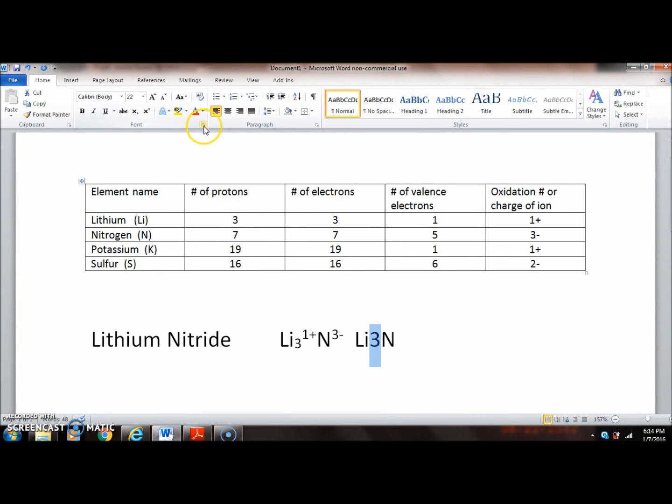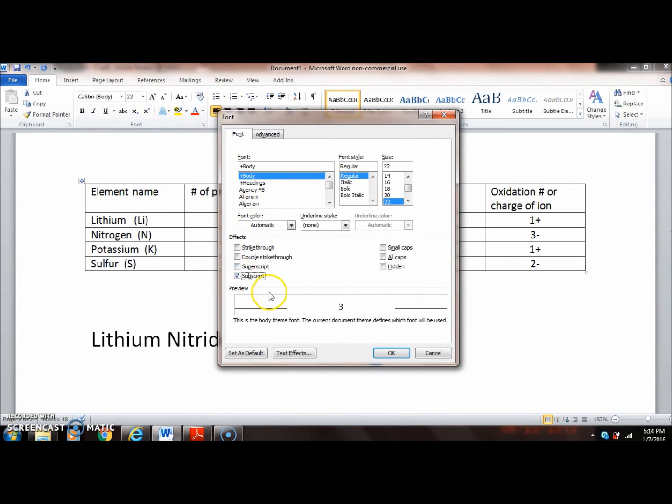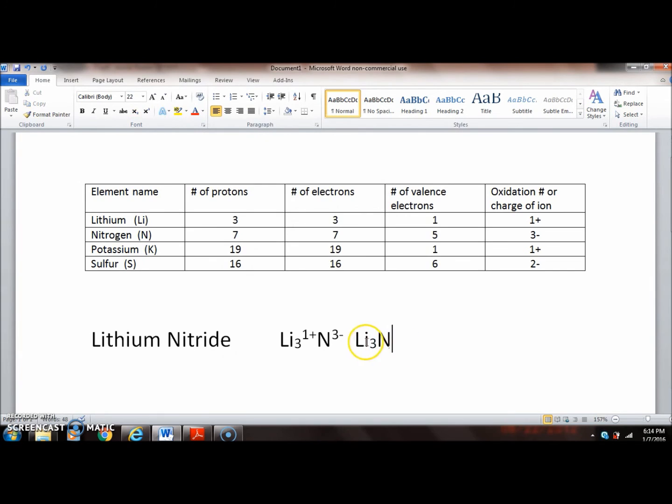And this is how we would properly write it. Okay, and we're done with that one. So the proper chemical formula for lithium nitride would be Li3N, 3 atoms of lithium and 1 atom of nitrogen.